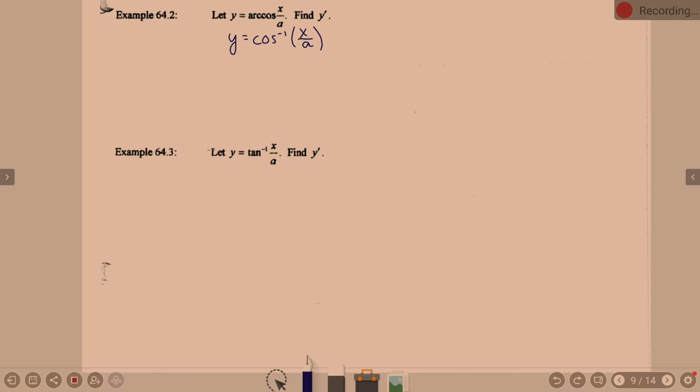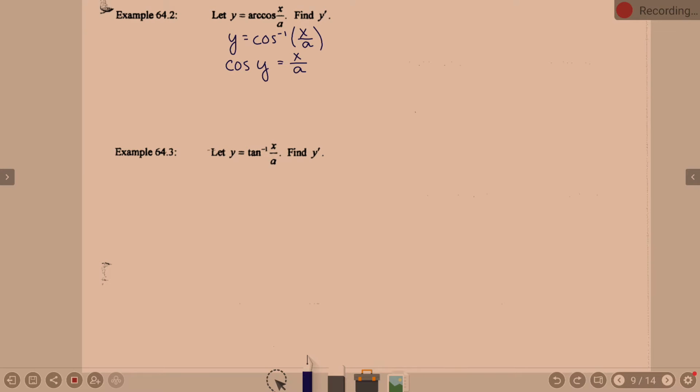How do you switch from cosine inverse to cosine? Switch your inputs and outputs. So cosine of y equals x over a. It's easier when I don't have to explain it this time around.